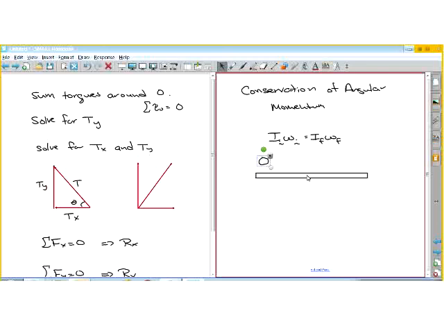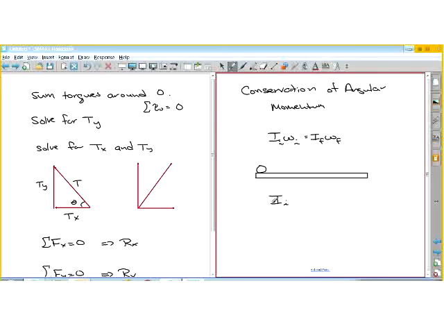So you have the moment of inertia of the disc initially, and then you drop this blob on here, and then you have the moment of inertia of the disc plus the moment of inertia of the object. So in this case, the final moment of inertia is greater than the initial moment of inertia.